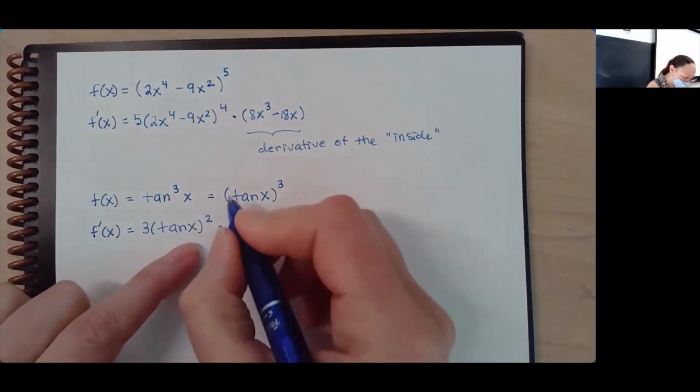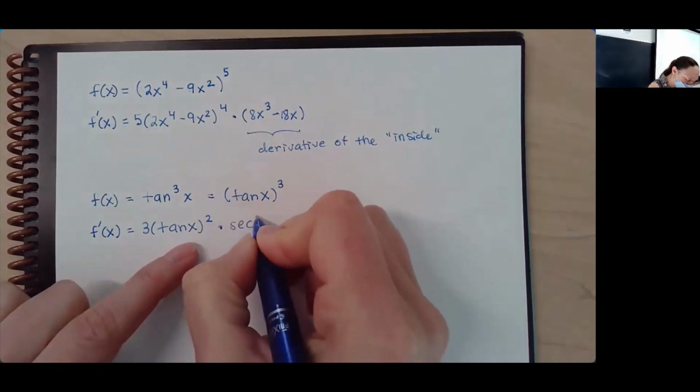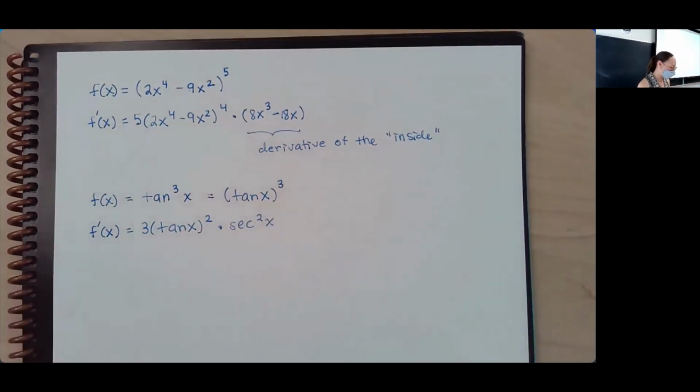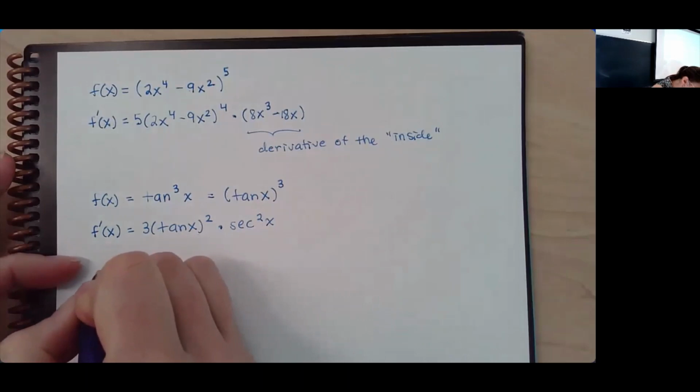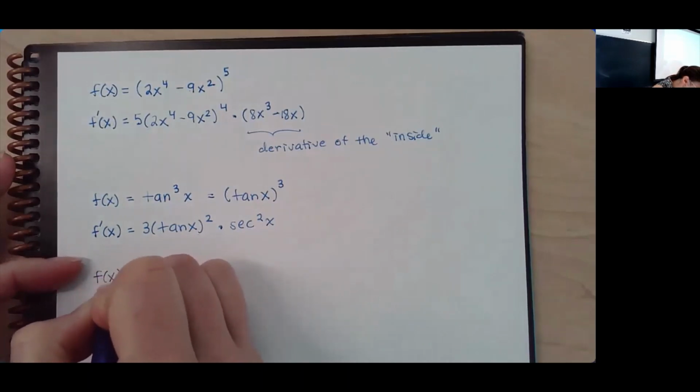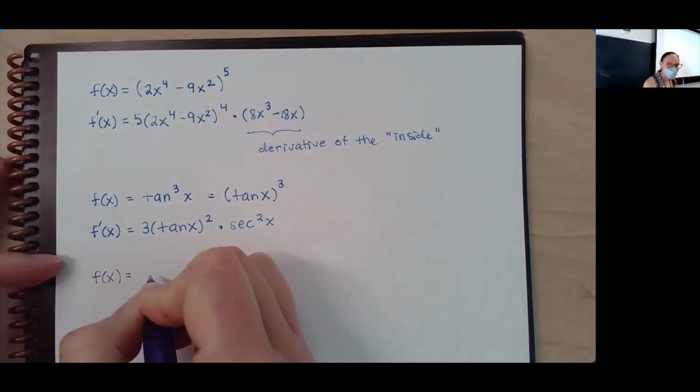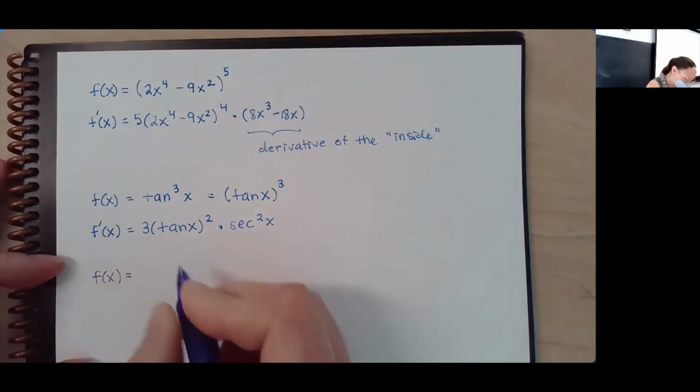So the derivative of tangent of x, I know we've just learned it today, but that's going to be secant squared x.